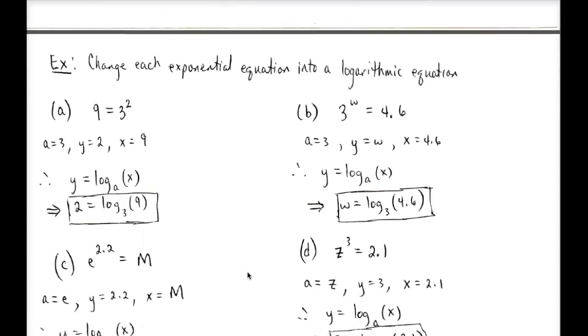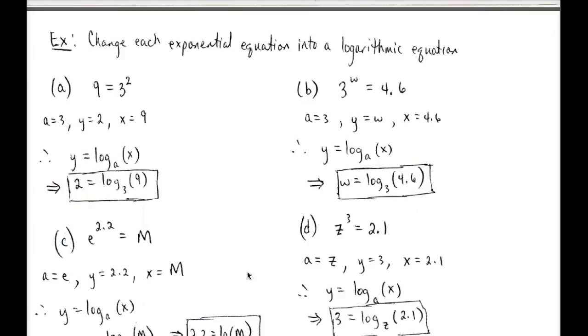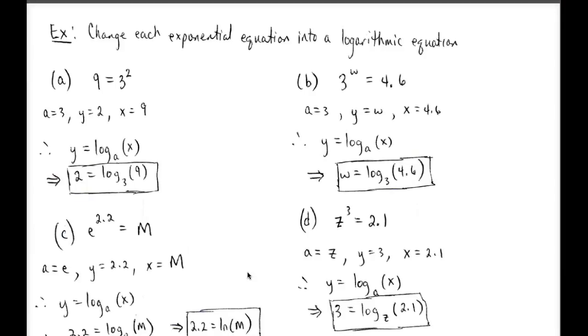So now what we're going to do is some more practice in changing an equation in exponential form to logarithmic form. Okay. And so here we see that in exponential form we have 9 is equal to 3 squared. And of course, we remember from the previous video that logarithmic form would be like this, and exponential form is like this.